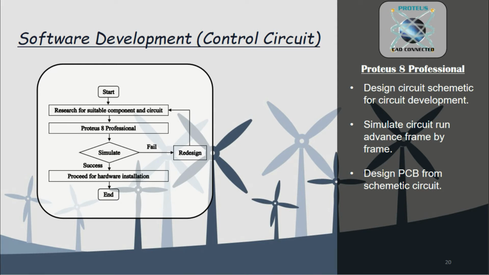After success, I will proceed to hardware installation. For the software development of the control circuit, I use Proteus 8 Professional, which can design the circuit schematic for circuit development and simulate the circuit run advanced frame by frame. Proteus 8 can also design the PCB from the circuit schematic that I developed in it.